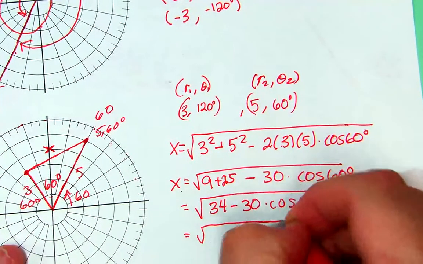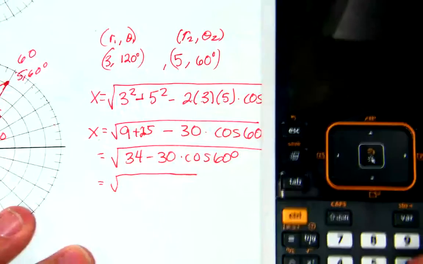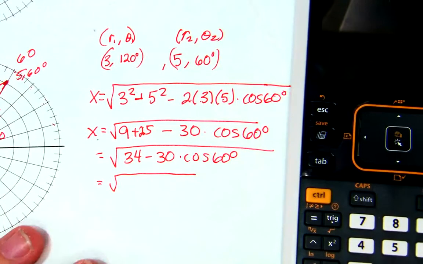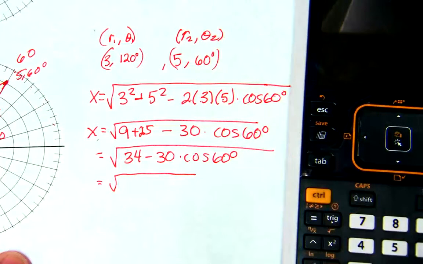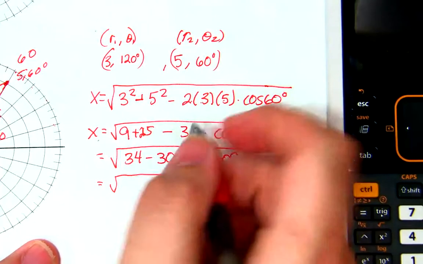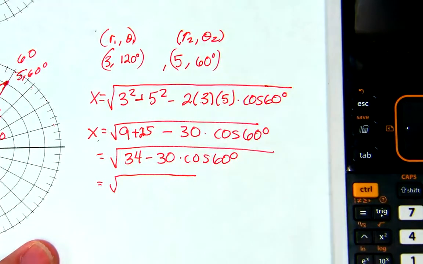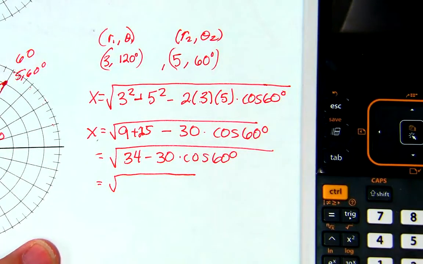At this point, I'm going to use a calculator. Well, actually, the cosine of 60 is going to be 1/2. So it should be 15.